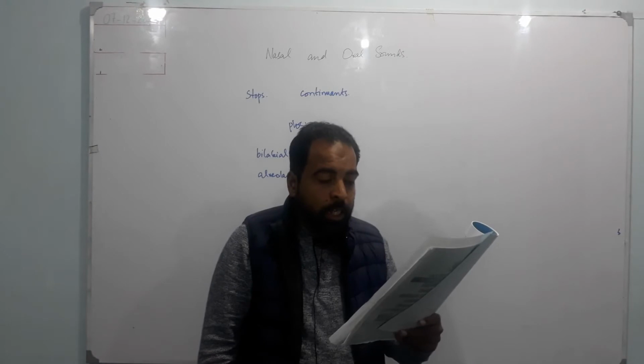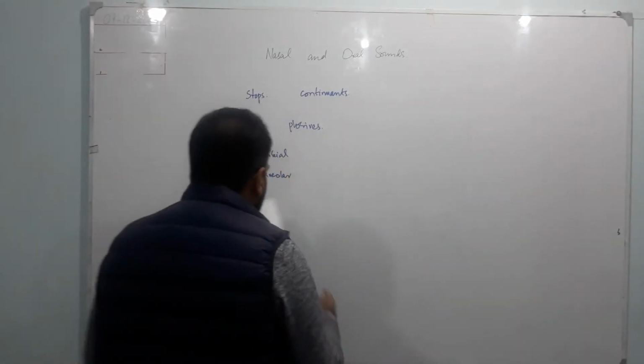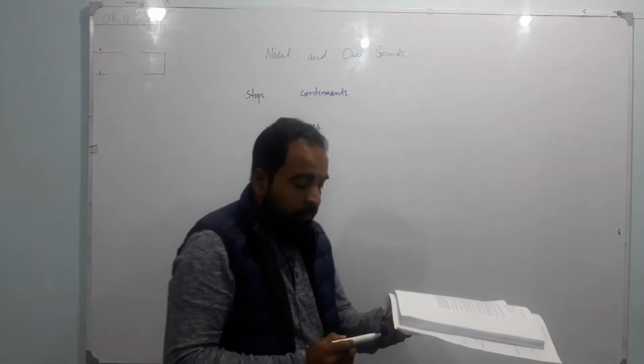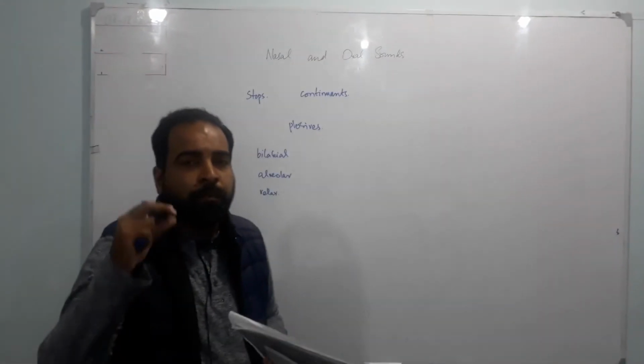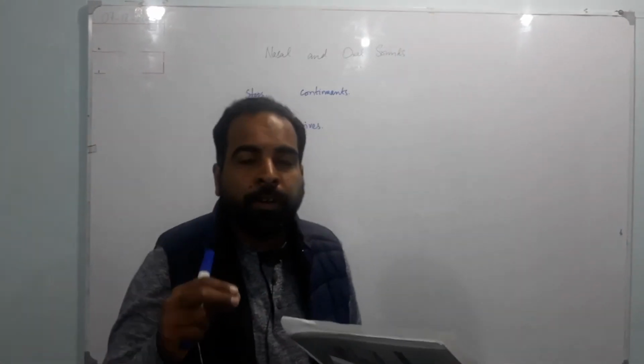K, G and N are velar stops with a complete closure at the velum. तो ये क्या है? Velar stops and different alphabets, different sounds being termed into different categories.